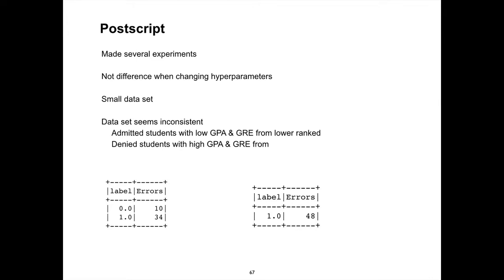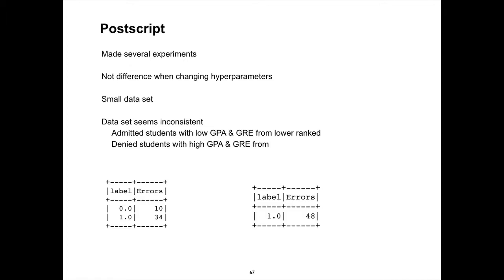I ran this experiment several times with several hyperparameters, trying to change them. And the output always seemed to be the same when I was trying to train hyperparameters, and I couldn't figure out why. It could be that it's a small data set.